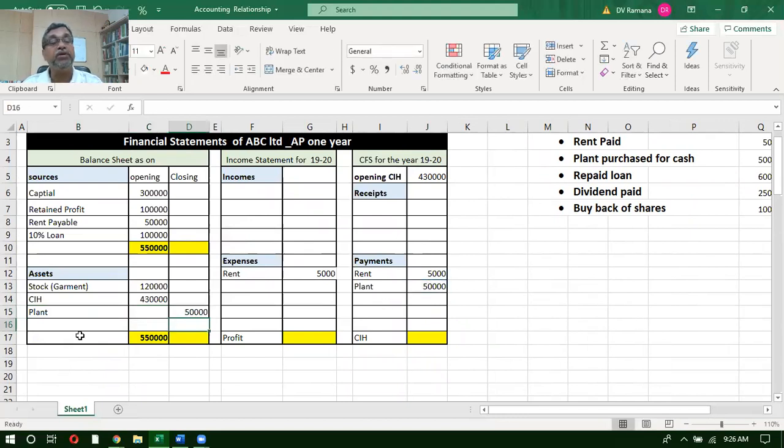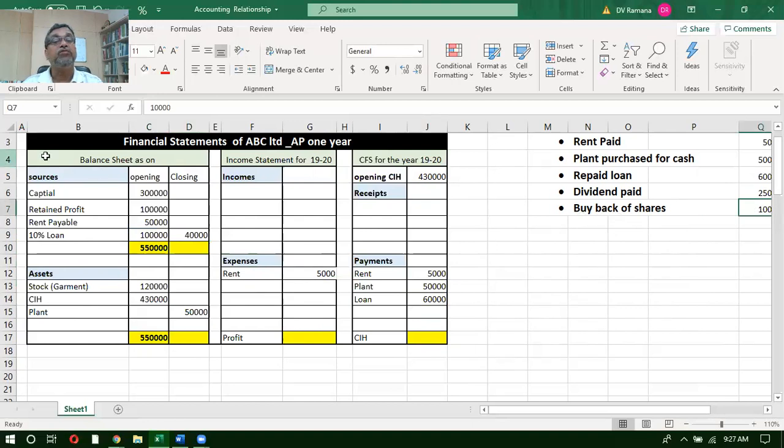An asset will appear on the balance sheet. Repaid loan 60,000. The company is having a loan of 100,000 and repaid part of it. It is a cash outflow, a payment, but it is not an expense, not an acquisition of an asset, but a reduction in liability.